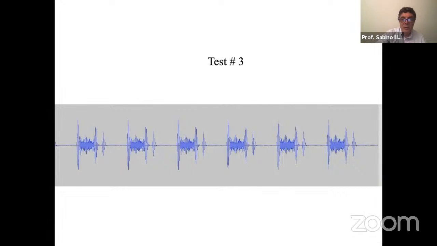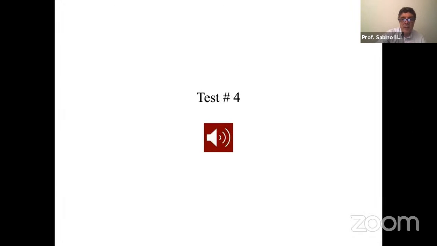So let's move now to the next test. The next test, here is the recording. So it is a low frequency sound, not so strong as the previous one, that was mitral regurgitation.